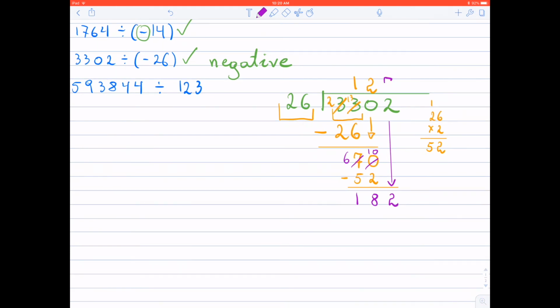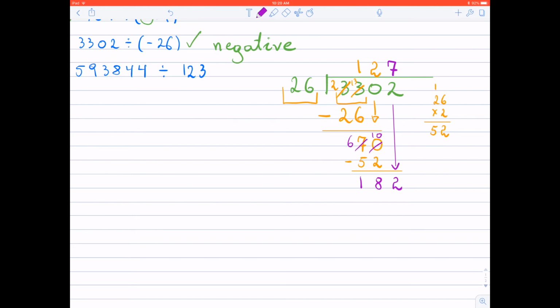So let's take a look and see. Will 7 work here? Okay, so you can do that on the side here. Let's see just how many times. So 7 times 6 is 42. 7 times 2, 14, plus the 4, and it is actually 182 exactly.